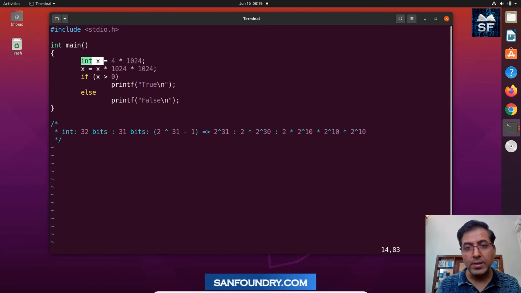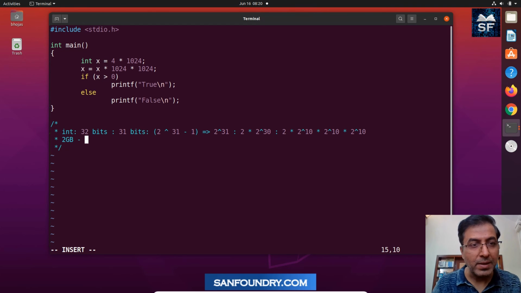When you further look at it, 2 to the power 10 is a kilobyte, this another kilobyte, this another kilobyte. So essentially it is nothing but 2 into KB cubed, which is 2 gigabytes. So 2 gigabyte is the maximum possible value, and then minus 1 once again.